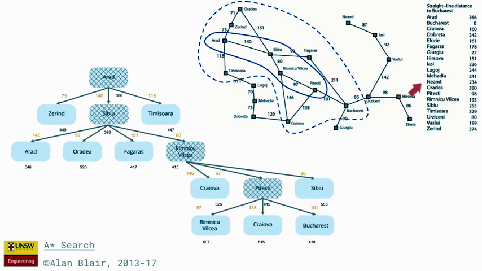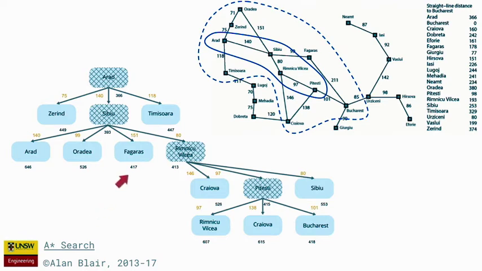Because Bucharest is the goal, its estimated distance must be 0, so the value of 418 is the actual path length from the start node to Bucharest, but we can't stop the algorithm yet because our estimate for Fagaras is a little bit shorter at 417. So based on this information, it's still possible that there might be a shorter path to Bucharest going through Fagaras.